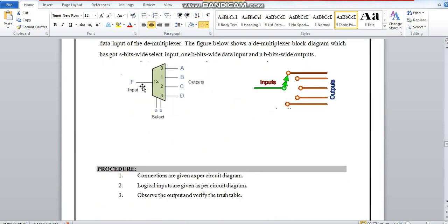You can see here the input pin and a selection pin. This selection pin selects to which output your input should be transferred. If it is 0, 0, it is transferred to A. If it is 0, 1, it is transferred to B. If it is 1, 0, it is transferred to C. And if it is 1, 1, it is transferred to D. That is the role of a demultiplexer.